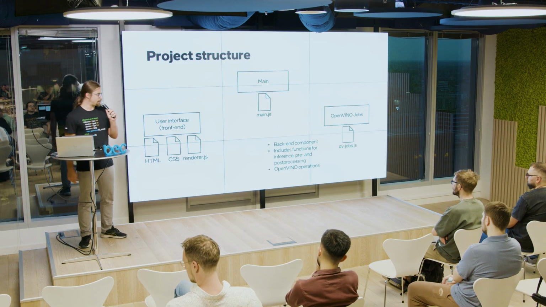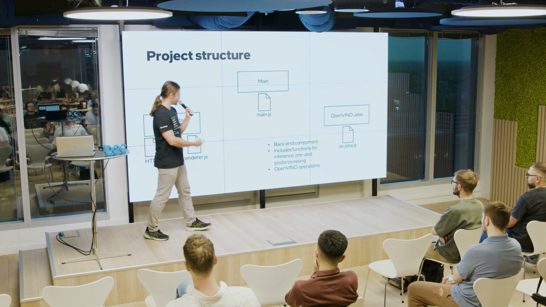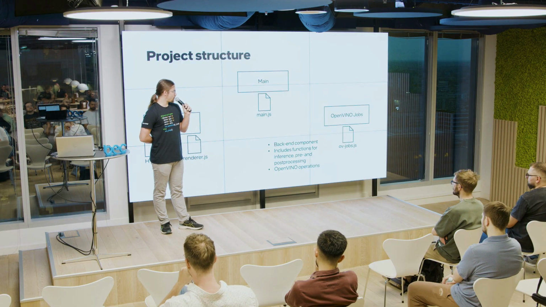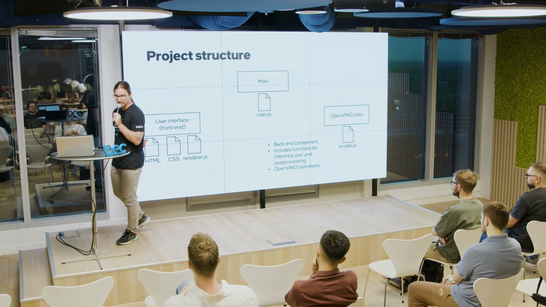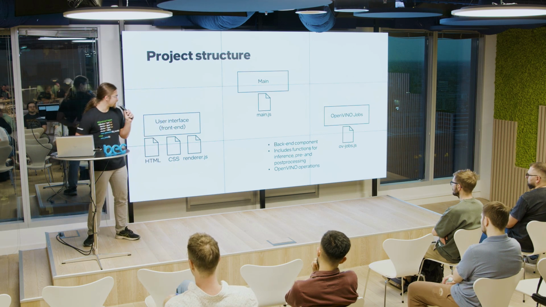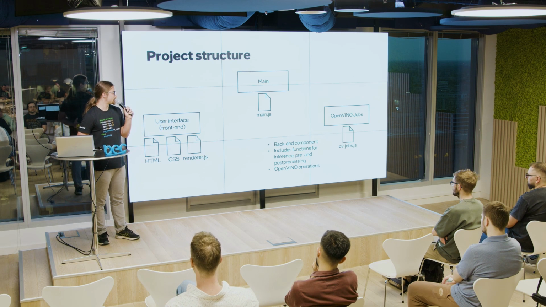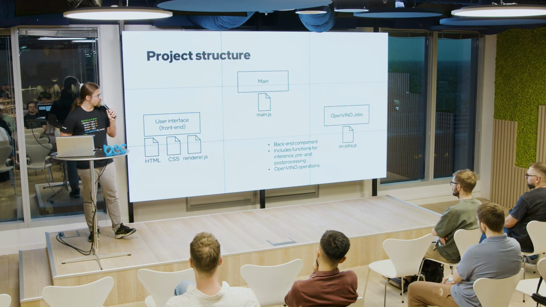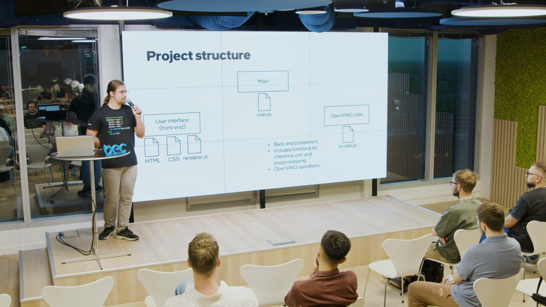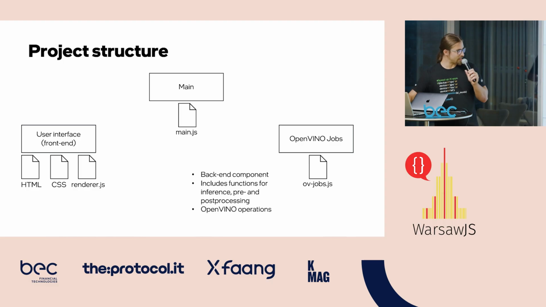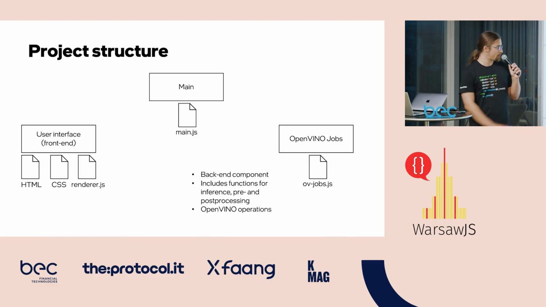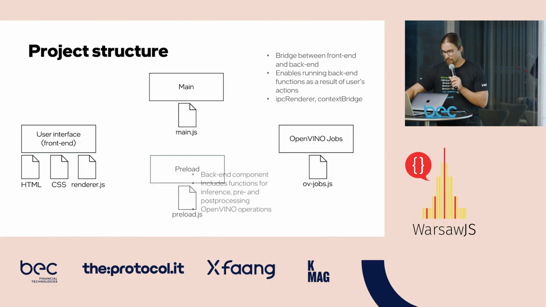On the other hand, in the backend, we have OpenVINO jobs file, which consists all the OpenVINO operations, also pre-processing, post-processing, every backend component, basically. And what is important, this is the only component in which we import OpenVINO. This is quite important, because it doesn't work if we define OpenVINO anywhere else.